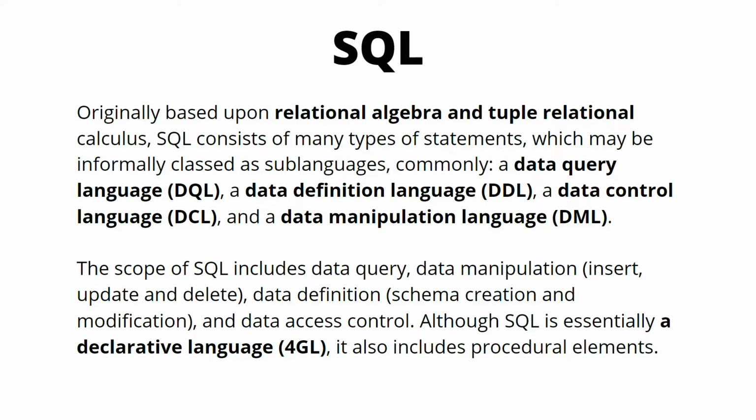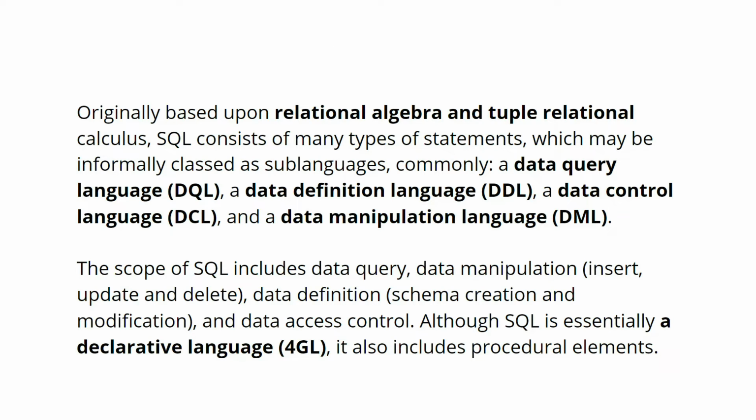SQL consists of many types of statements which may be informally classified as sublanguages, commonly data query language, data definition language, data control language, and data manipulation language. Although SQL is essentially a declarative language, one thing for sure, if you understand this SQL definition completely, you will understand the design philosophy of this language. So let's go through every term one by one and understand each term.